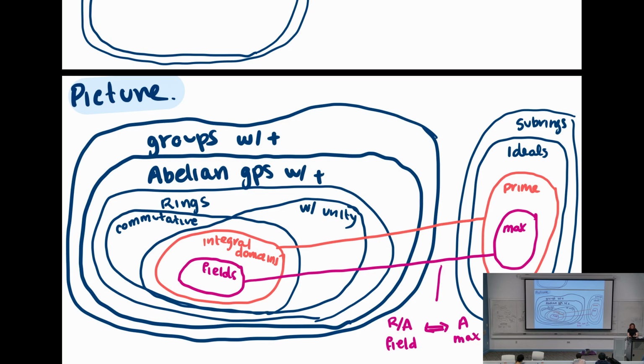And then this line is R mod A is an integral domain if and only if A is prime. Other questions?